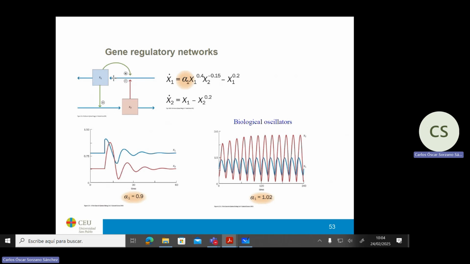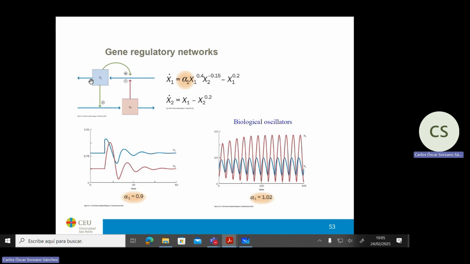These feedback networks, depending on the value of alpha 1, have very different behaviors. For alpha 1 equal to 0.9, it behaves like this, with some oscillation. And these second order systems, in which there are two elements that interact with each other, have the possibility of oscillating.